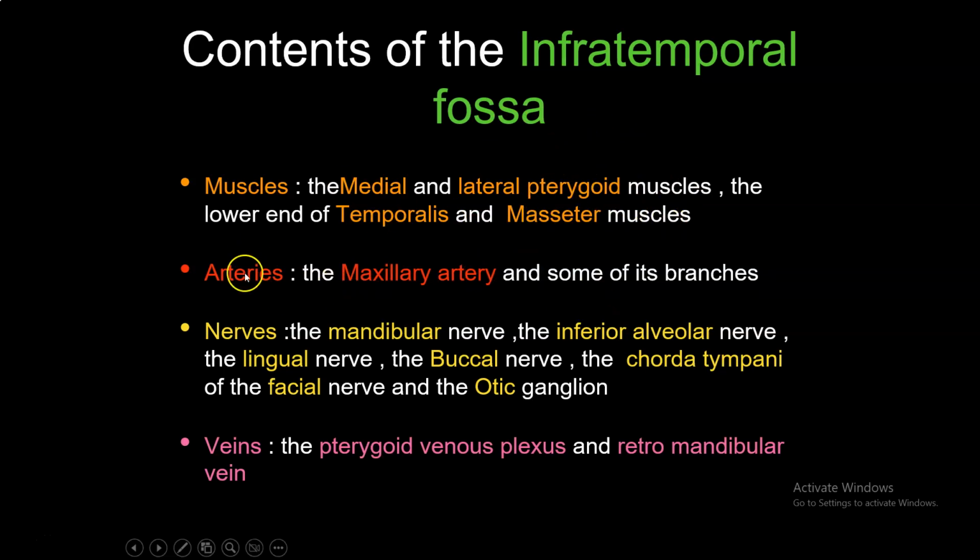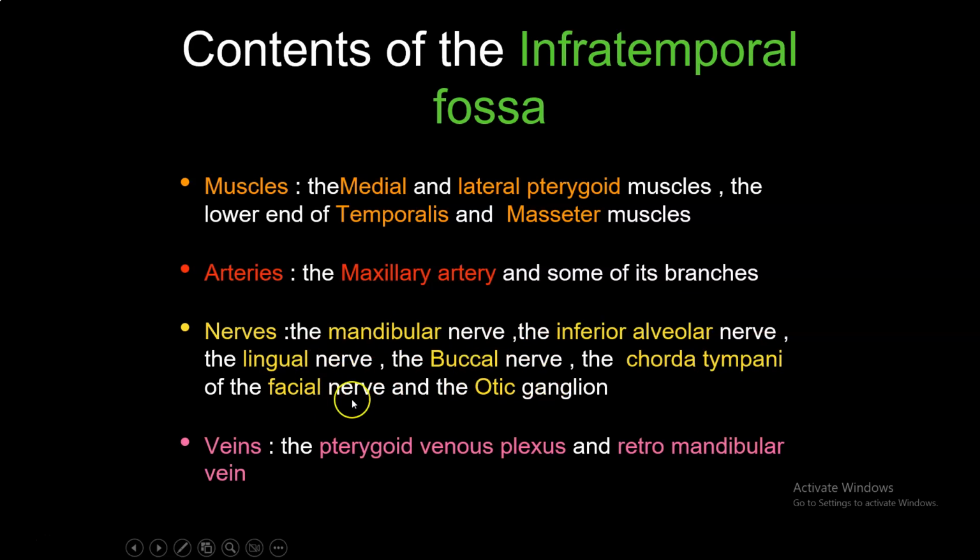It contains a very important artery, the maxillary artery, which is the terminal branch of the external carotid artery together with the superficial temporal artery within the substance of the parotid, and of course the branches of the maxillary artery. It contains a nerve, the mandibular nerve V3, which is the third division of the trigeminal, and the branches of V3 as you will see, but it also contains the chorda tympani of the facial nerve and the otic ganglion.